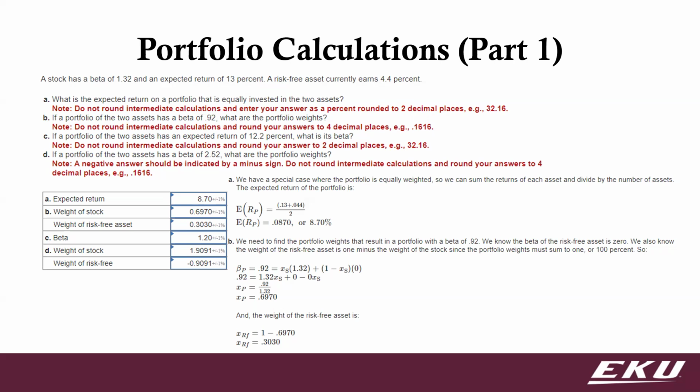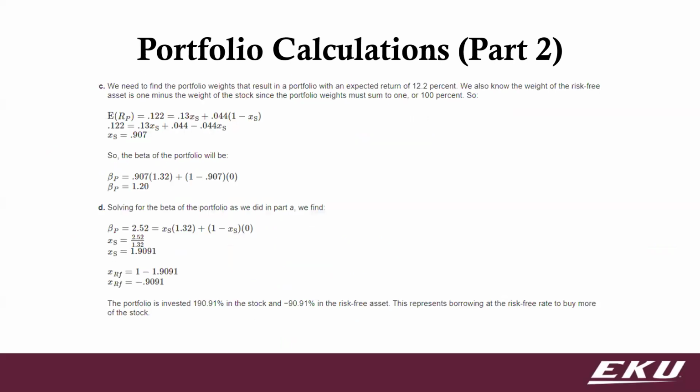We'll do that one in a minute, right? But you just take that number, divide by the 1.32, and that'll tell you what percentage of your portfolio would be invested in that. And then the risk-free asset is just 1 minus that weight. Because again, the weights have to equal 1, right? And so everything that's not invested in stock is in the risk-free asset.